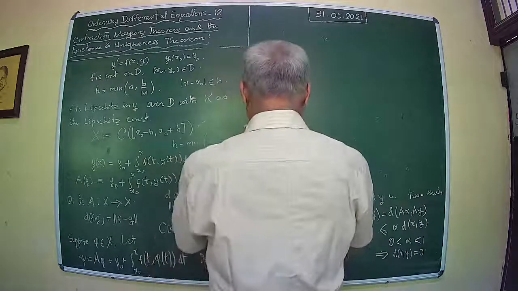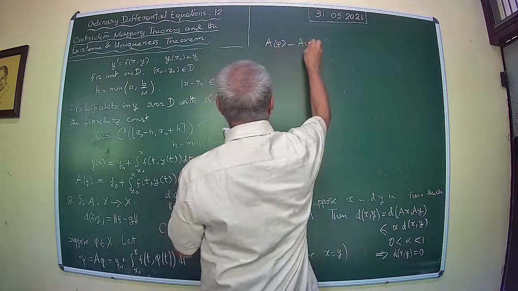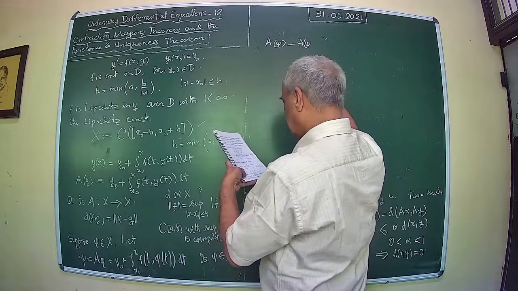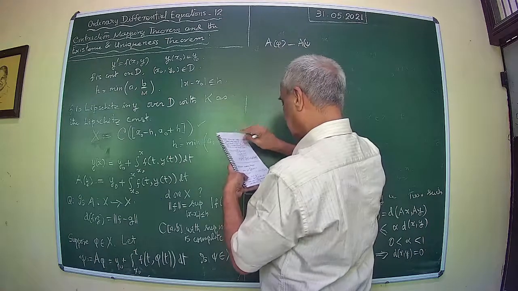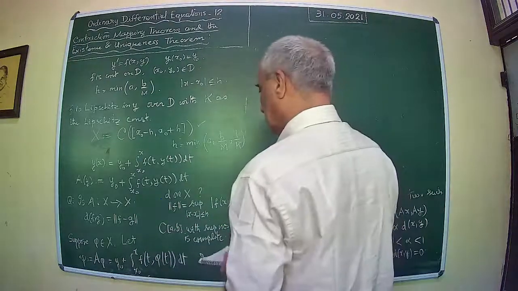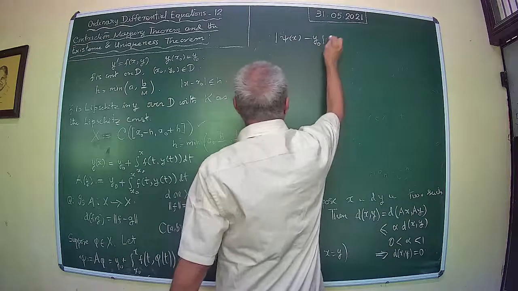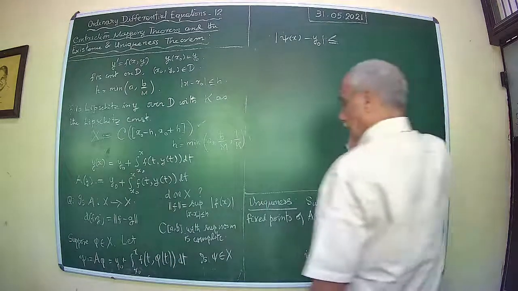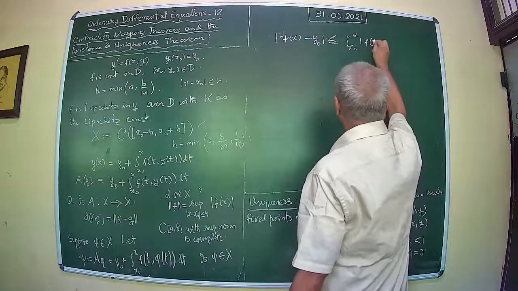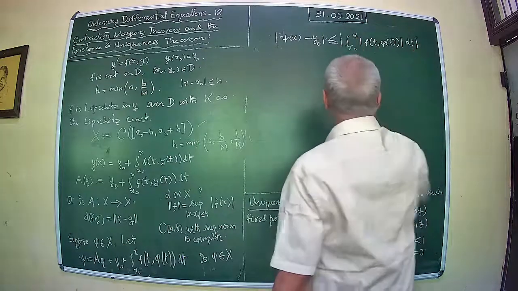So you see that A phi of x minus y naught is less than or equal to the integral from x naught to x of mod f(t, phi(t)) dt.